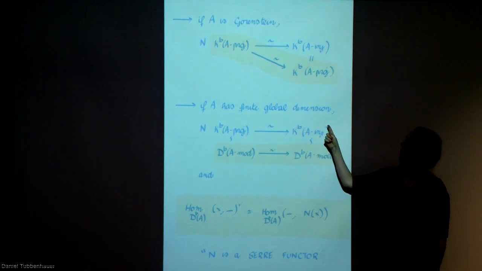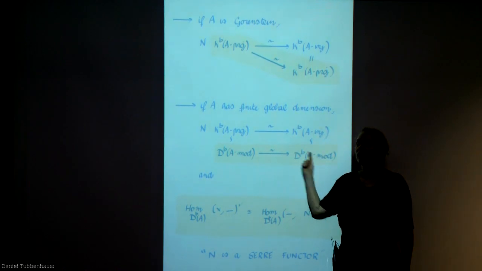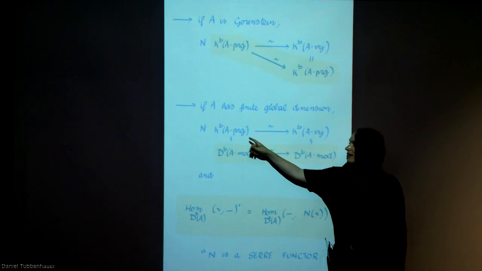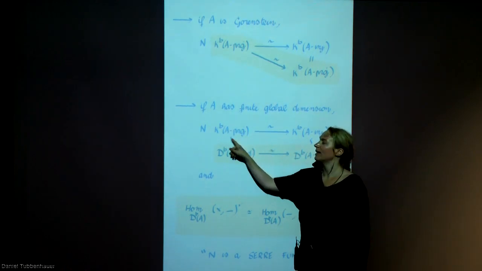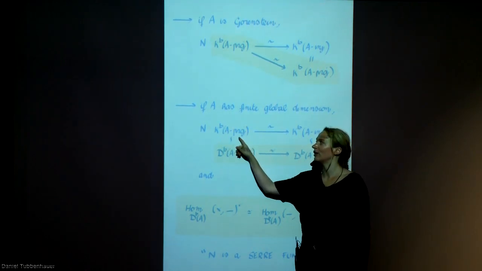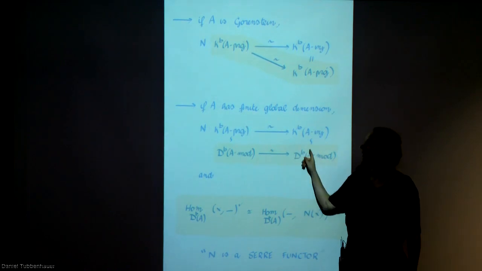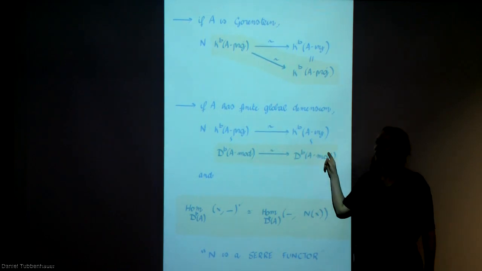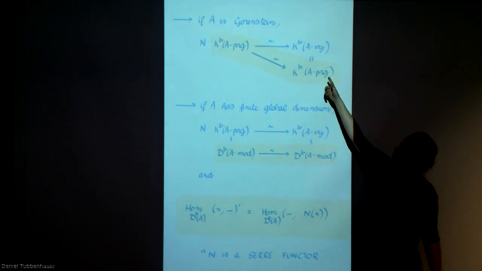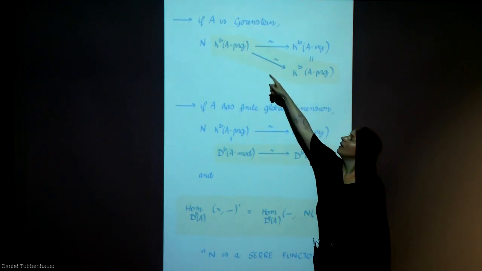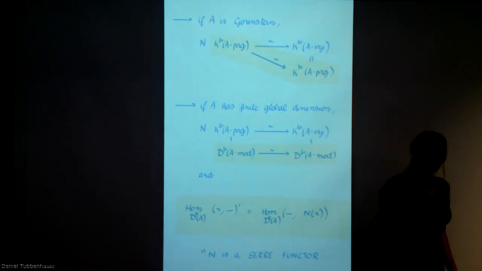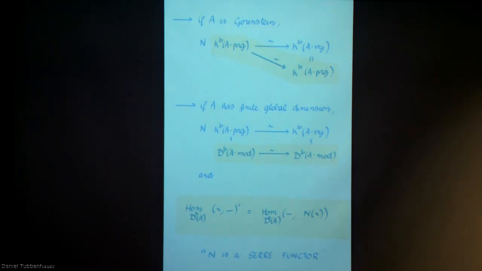Yes, if A has finite global dimension, you can get the Serre functor on the bounded derived category. But in fact, we should always be looking at this category. This is always where Serre functors occur. And if A has finite global dimension, it just so happens that those are equivalent. But more generally, for any Gorenstein ring, we still get this autoequivalence on the bounded homotopy category of projectives.